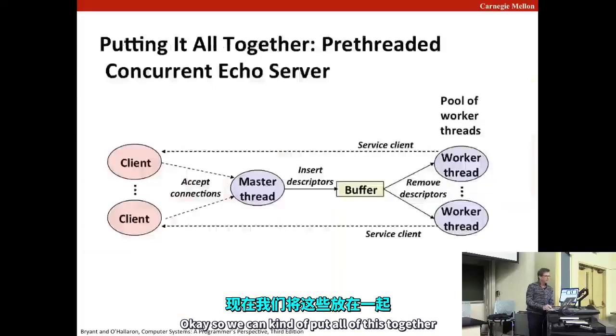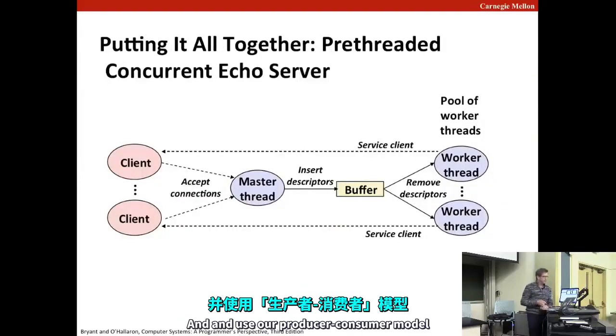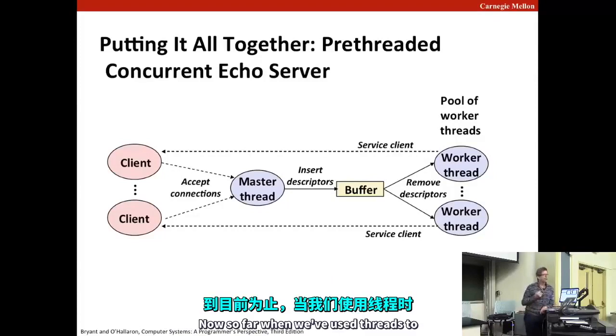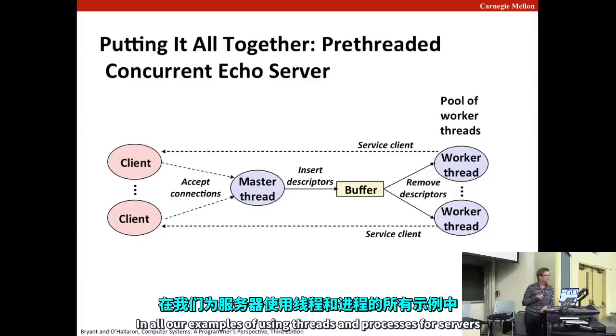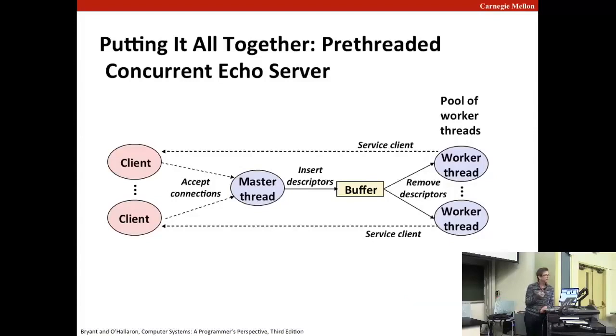Okay, so we can put all of this together and use our producer-consumer model to implement a pre-threaded concurrent echo server. So far, in all our examples of using threads and processes for servers, we created a new thread or process whenever a new connection request arrived.